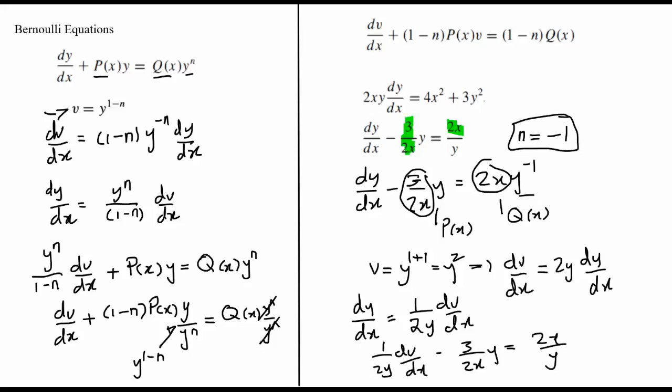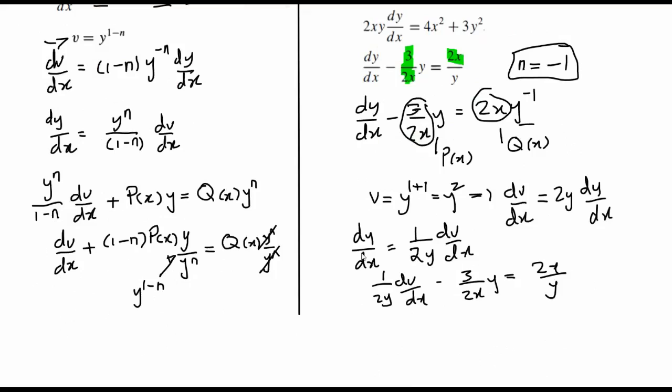So then multiply both sides by this 2y term here, so we can get our dv/dx with a coefficient of 1, and as that goes over here, it just becomes 3/x y squared.